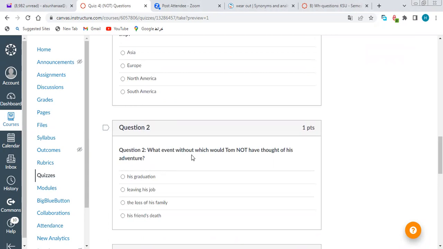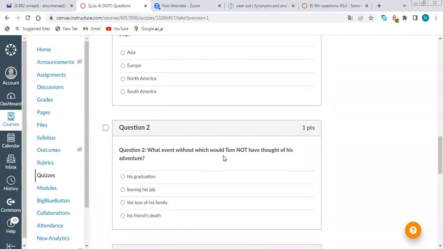What event without which would Tom not have thought of his adventure? Okay, what event without which الحدث اللي هو بدونه Tom would not think of his adventure. الحدث اللي هو بدونه Tom would not لن يفكر في الادفنتشر بتاعته أو لن يقوم بالمغامرة التي قام بها.